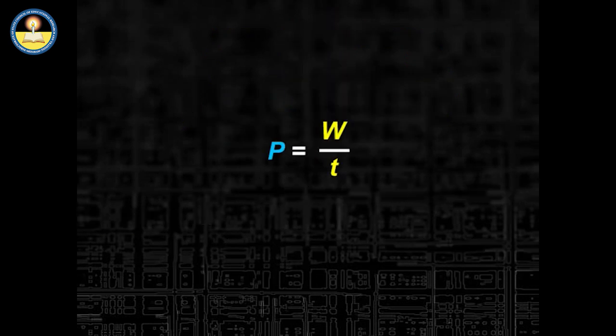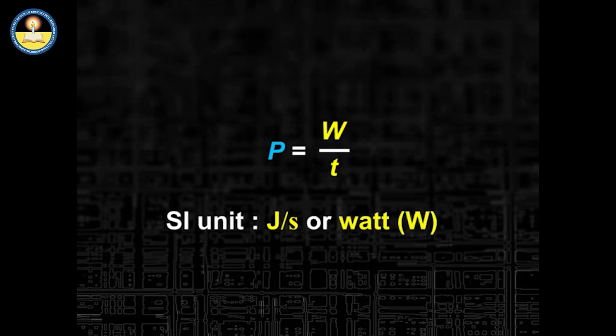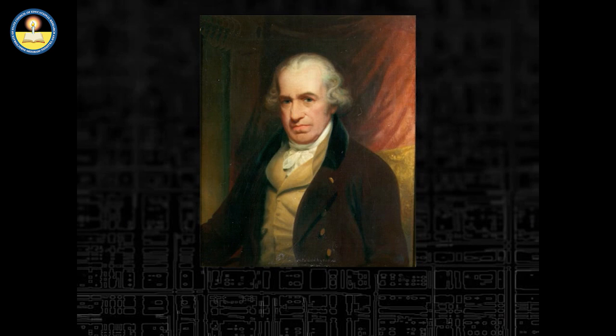Like mechanical power, it is also represented by the symbol P, and its SI unit is joule per second or watt, named after the British engineer James Watt, who developed the concept of power.